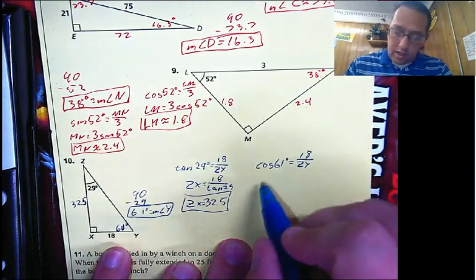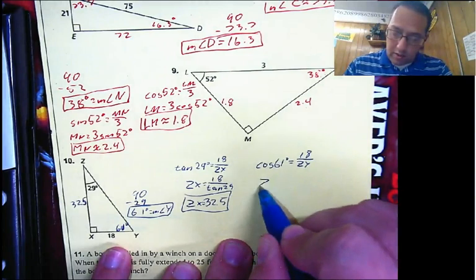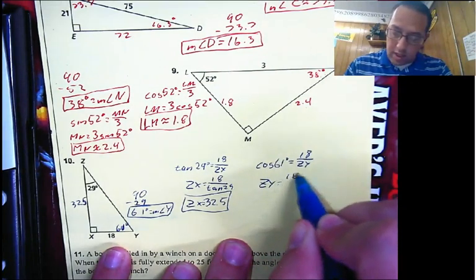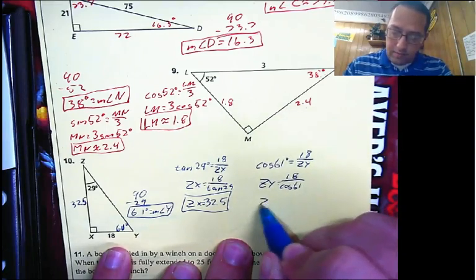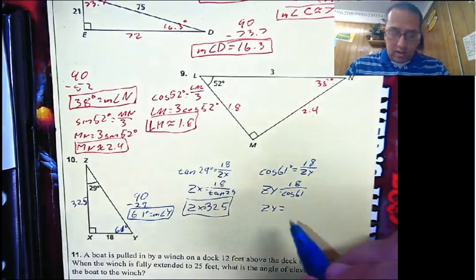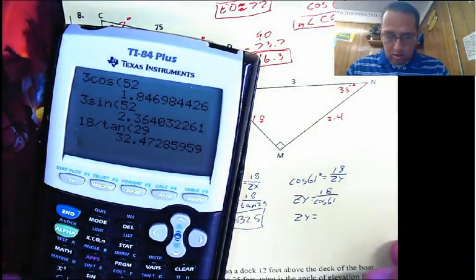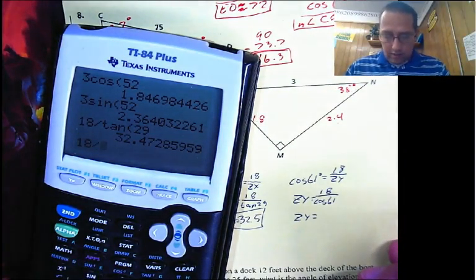So again, we're dividing here, so we're going to have ZY equals 18 divided by cosine of 61, which means ZY is equal to approximately, let's see, 18 divided by cosine of 61.